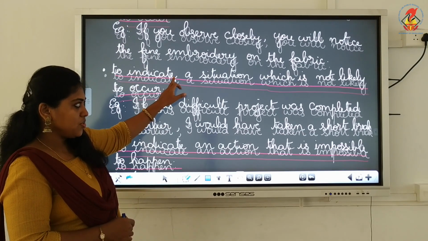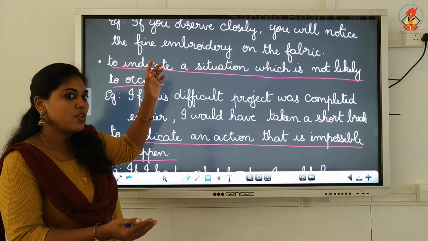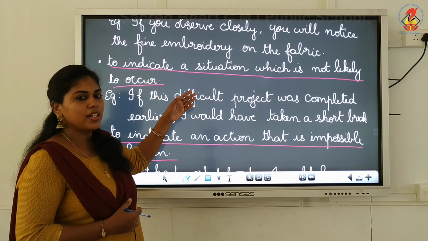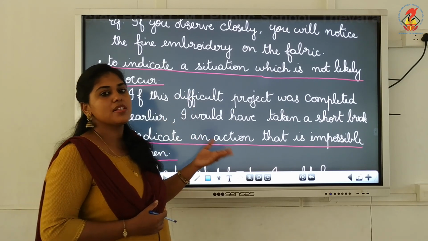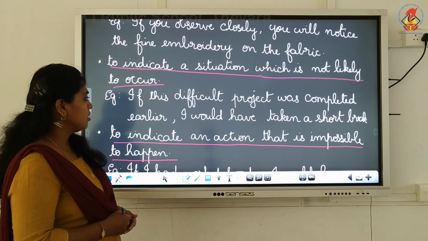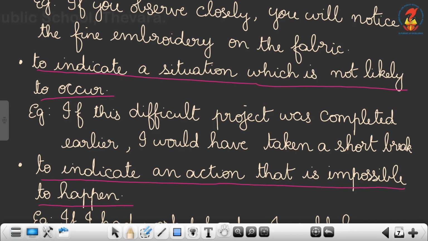Now the next situation is to indicate a situation which is not likely to occur. The previous situation was that it is possible to see. Now here it is not likely, there is a very small chance. In that situation also we use the conjunction if. For example, if this difficult project was completed earlier, I would have taken a short break.